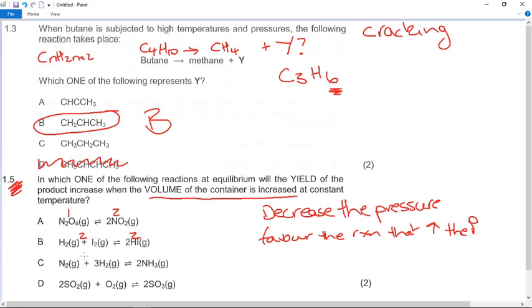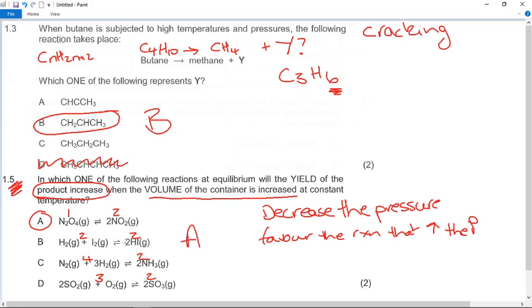In this one we have 4 and 2. In this one we have 3 and 2. So the only one that will increase the yield of the product, which is the forward reaction, is A, because 1 mole goes to 2 moles.